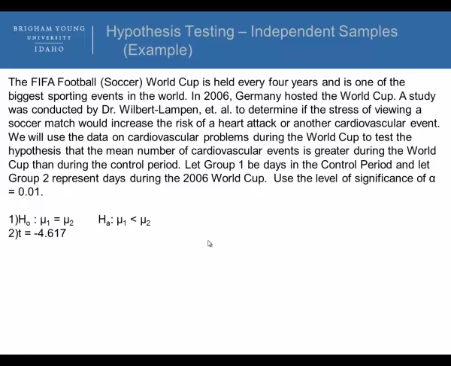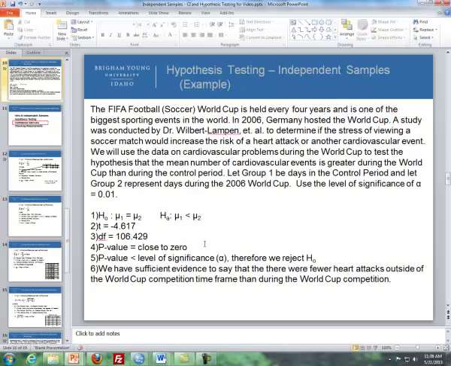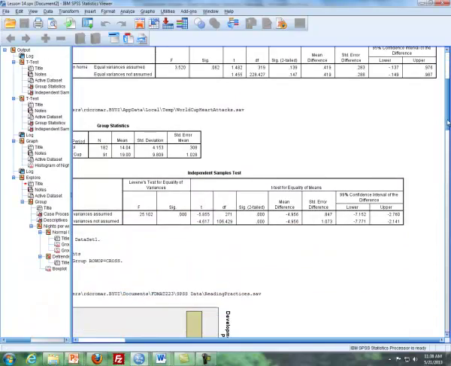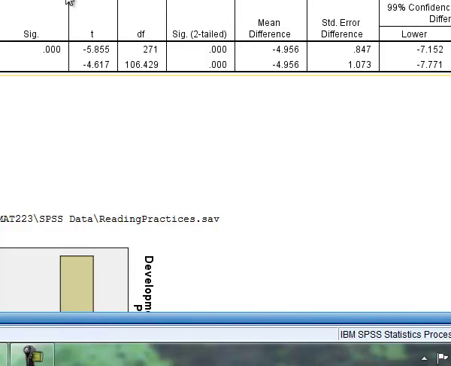So steps 2 through 4 are our test statistic, degrees of freedom and our p-value. I get those results from my SPSS output, and I'm going to grab them here. With this table, we'll use the equal variances not assumed, the bottom row, since it's always right. We're going to get a test statistic here, degrees of freedom here, and a p-value.